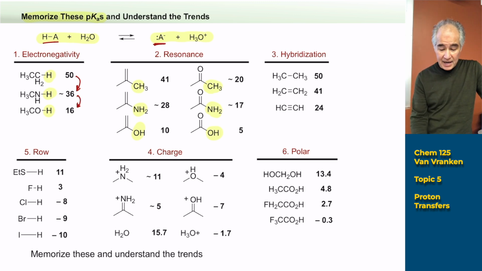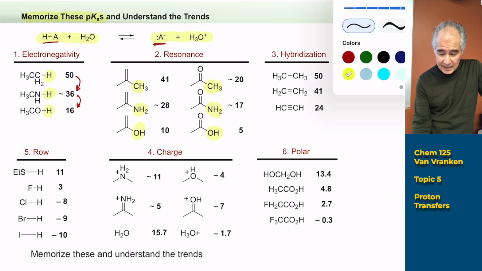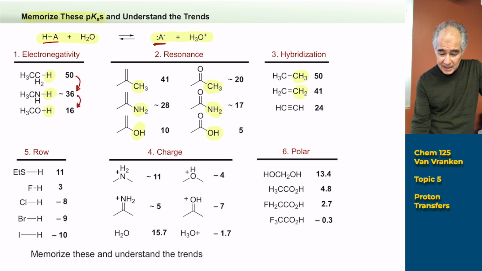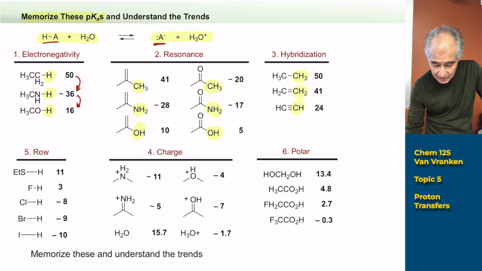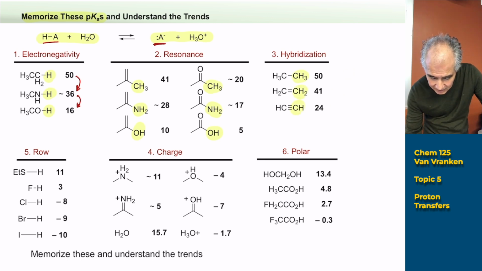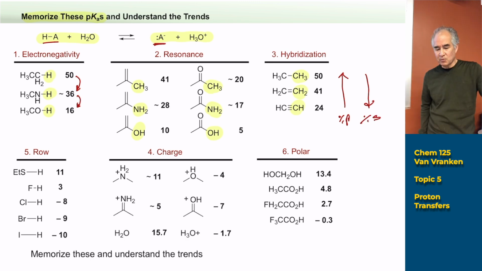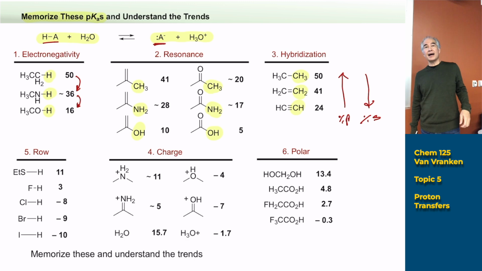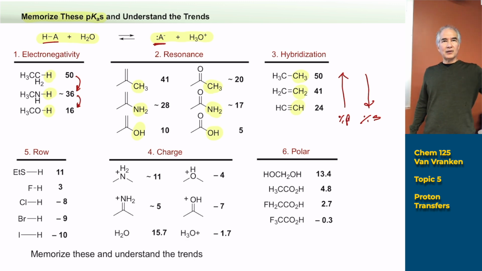All right, hybridization is so important, right? If I go from sp3 to sp2 to sp, the amount of S character increases going downward, and the amount of P character increases this way. And when you have anions, carbanions, lower energy orbitals are where you want to put those electrons.